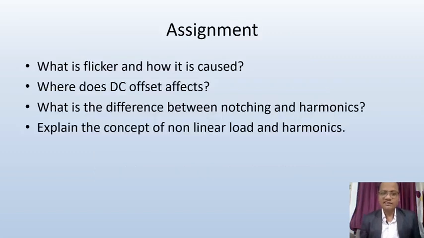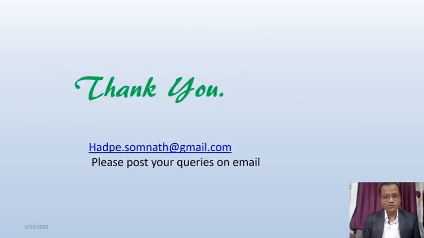Now students, you can check your understanding with this assignment: what is flicker and how is it caused; where does DC offset affect, that is, when DC offset is present in a system, how does it affect various equipment; what is the difference between notching and harmonics; and third, explain the concept of non-linear load and harmonics. So with this we are ending module number 3.